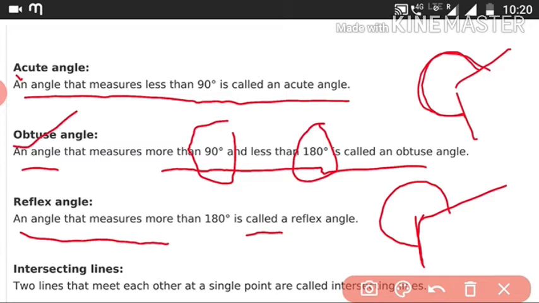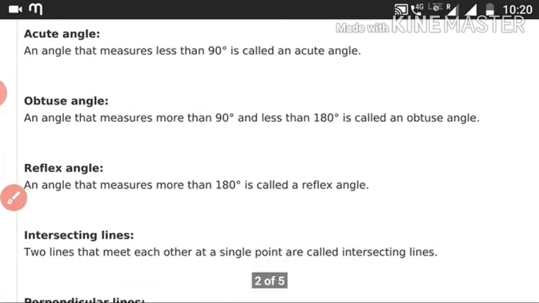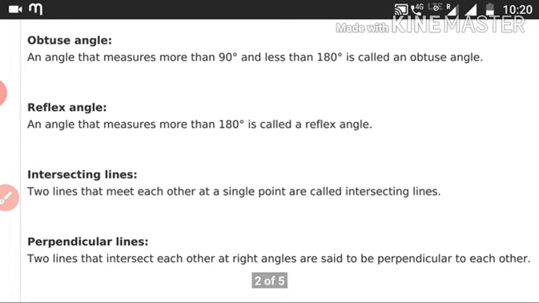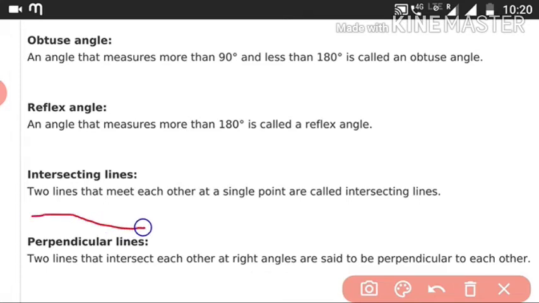Now intersecting line. Two lines that meet each other at a single point are called intersecting. So where is it meeting? Here. So this is called intersecting. Now next, perpendicular line.